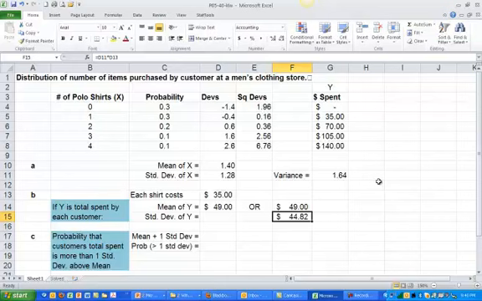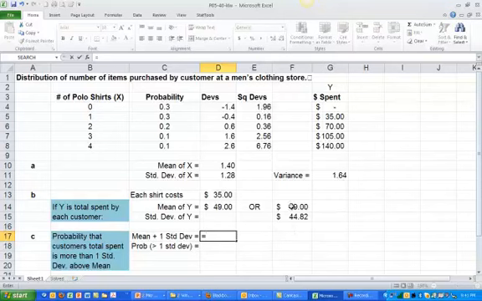And then lastly, in this problem, we're asked to compute the probability that a customer's expenditure will be more than one standard deviation above the mean. Well, I'll use my values I got with the laws of expected value, laws of standard deviation approach, or the shortcut approach. And I'll say, what's the mean plus one standard deviation? Well, that's going to be $49 is the mean, plus one standard deviation is $44.82. So I get $93.82.